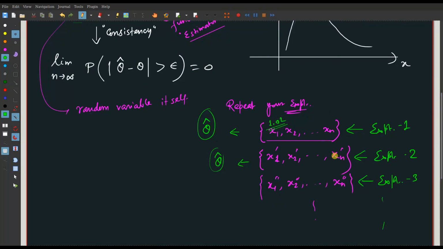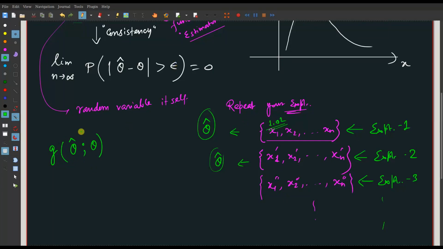That is how I define my experiments to be. The point is, if I repeat these experiments in my mind, then for every experiment I will get a different value of theta hat. So this theta hat will also be a random variable whose distribution will be given by another PDF, which I denote by G. G gives you the distribution of theta hat, and this distribution will also depend on theta, because what values of x you are expected to get under repetition of the experiment depends on theta.